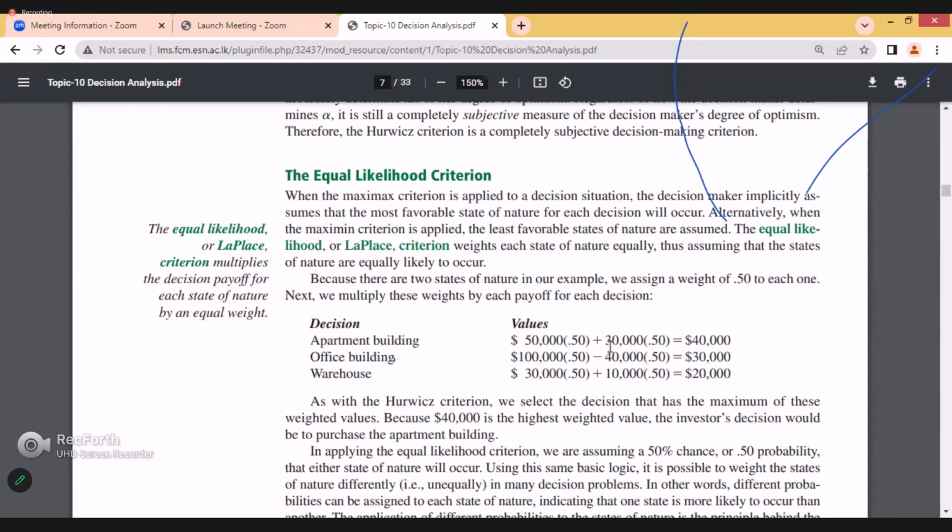And for poor conditions also 50 weightage. Then we have to multiply, then consider the highest. Multiply and add. There are minus payoffs, you have to be very careful. So here also, according to equal likelihood, 40,000 comes in addition.